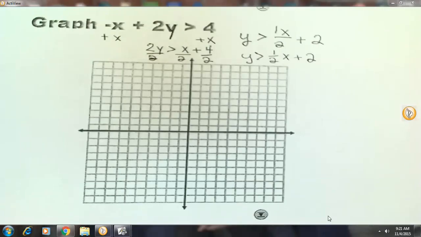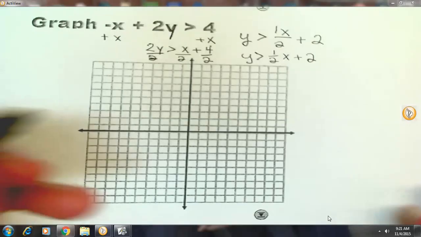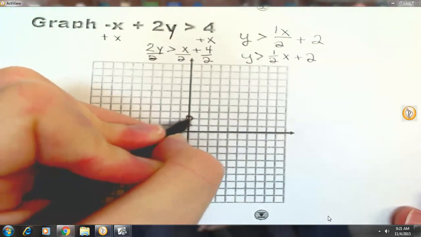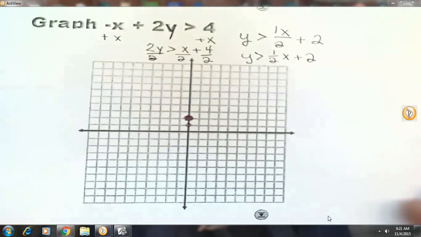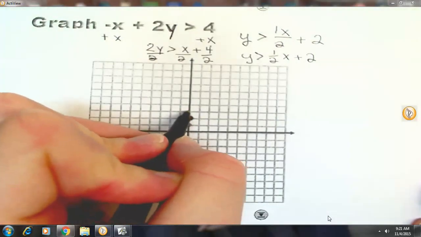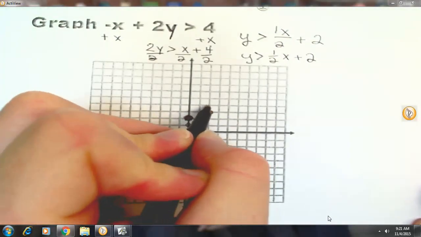Alright, so let's go ahead and take our pencil and graph this inequality. It's in slope-intercept form. What is our y-intercept? It's a 2. Our slope is 1/2, so we're going to rise 1 and run 2. Rise 1 and run 2.